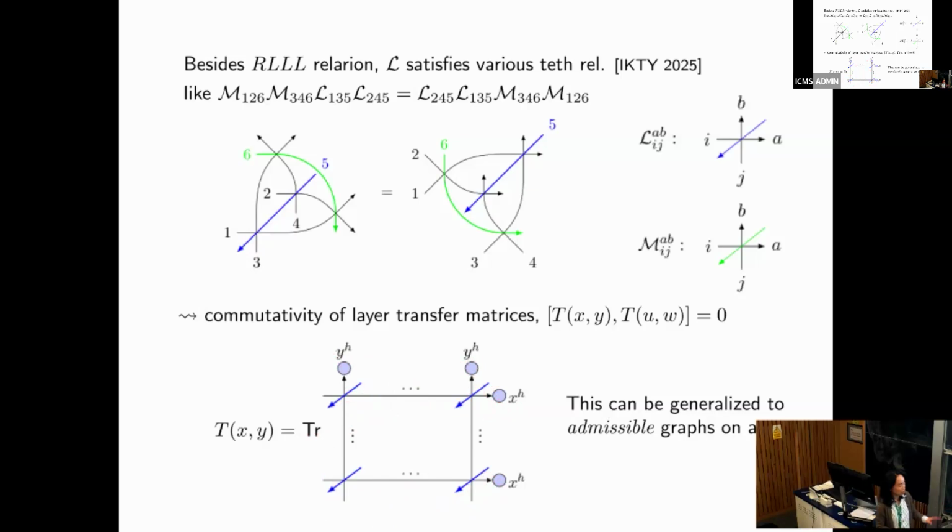First, I will start with the square grid, as shown. Then we try to generalize this underlying graph to be admissible. It is a wiring diagram on the torus satisfying a condition called admissibility. This is the story I will talk about today.